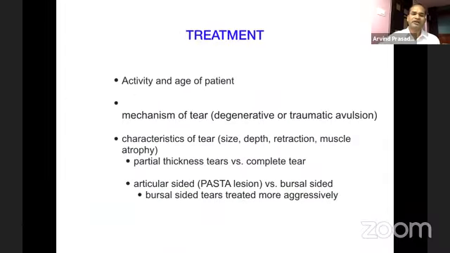So treatment of the cuff depends upon the activity of the patient, age of the patient, whether it's traumatic or atraumatic, what was the size of the tear, and whether it's partial or complete. If it is partial, then which side, bursal or articular side. Usually the bursal side should be treated surgically.